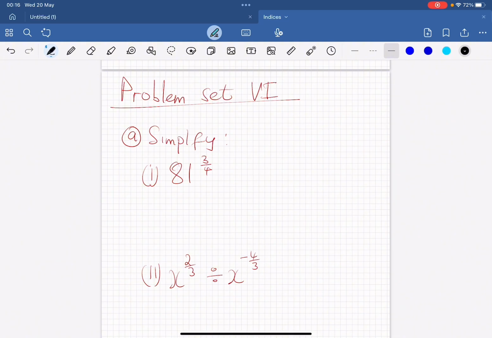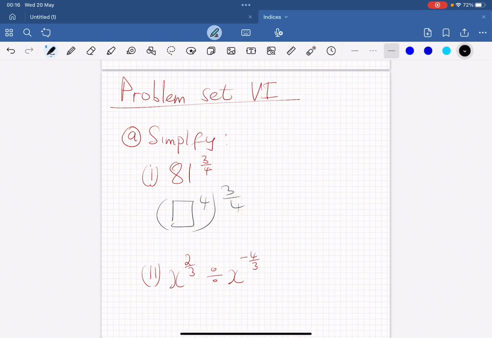Now, just like any other question in previous videos where you had a base to the power something and the something was a fraction, it means that I basically have to find a way of representing 81 as something to the power 4, simply because the denominator on the outside is a 4.